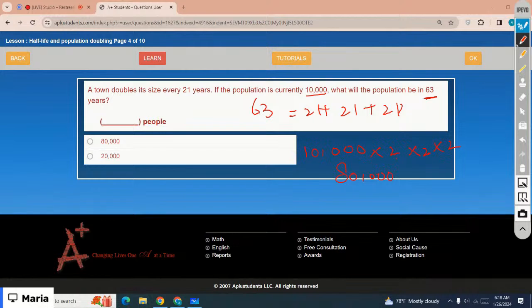So the correct option is option number 1, that is 80,000.